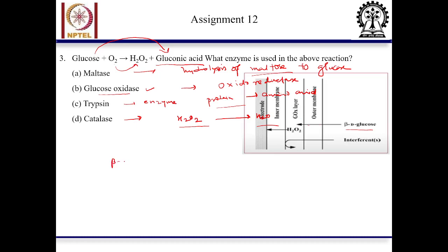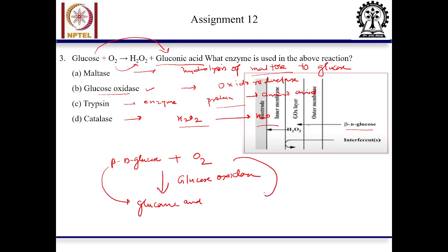Your beta D-glucose plus oxygen is there, and you have glucose oxidase. So this beta glucose will go to gluconic acid, and your oxygen will go to hydrogen peroxide, right? So if I write, this is the thing.